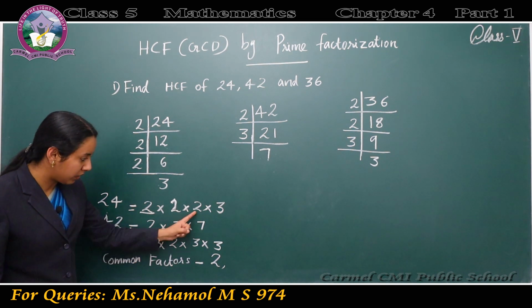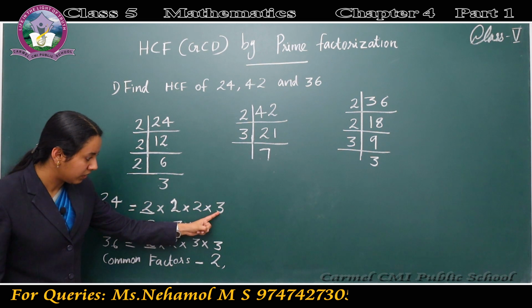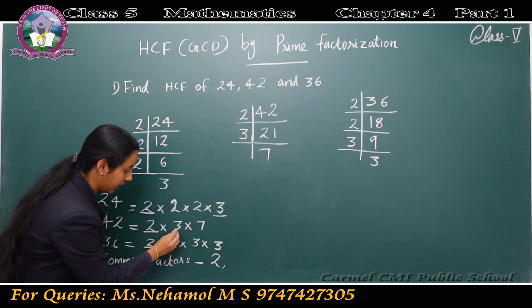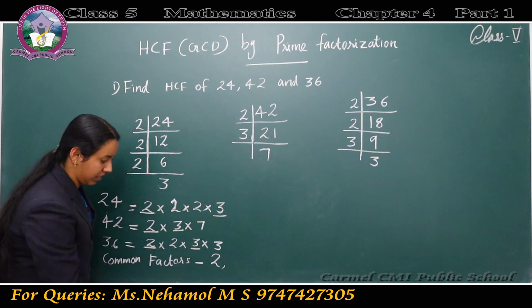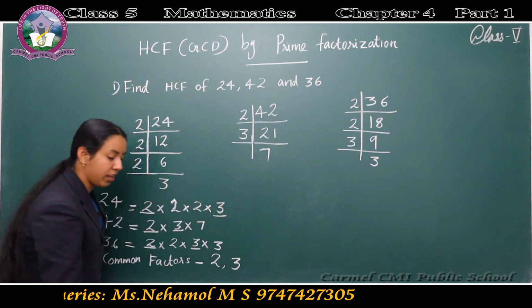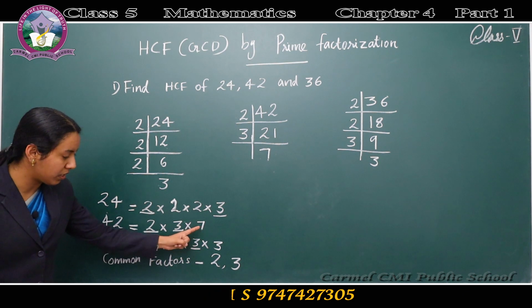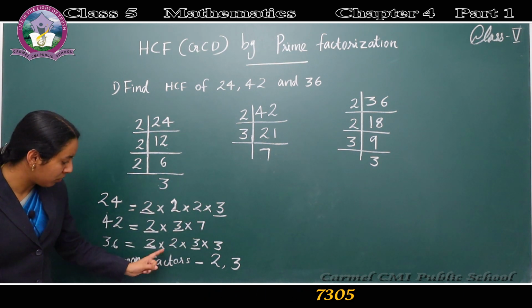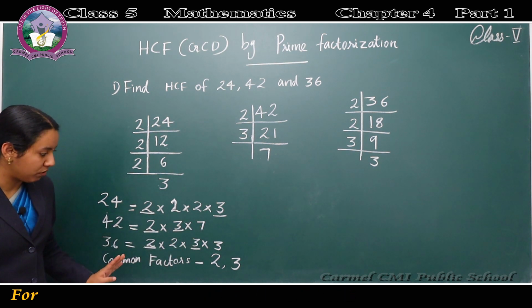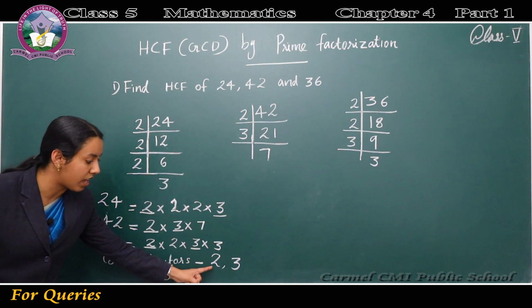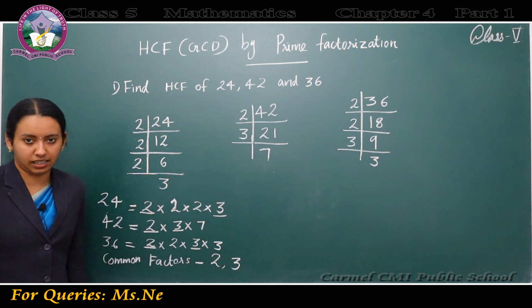Then, another number 3. 3 is here, 3 is here, 3 is here. So, 3 is also a common factor. Then, any other number? 7 is here, but it is only one time. So, no other common factors. Common factors are 2 and 3.